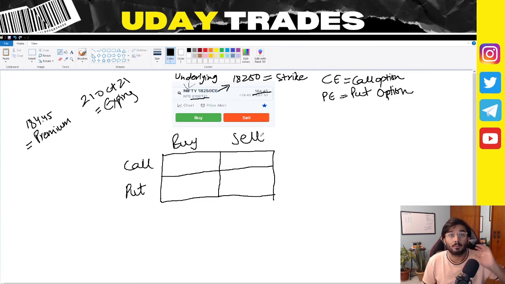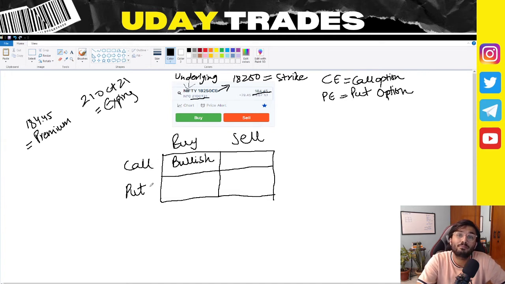So what is your view if you are buying a call option? You profit when the market or the underlying, Nifty here, goes up, because you have bought the call option. So when you buy the call option, your view is bullish.